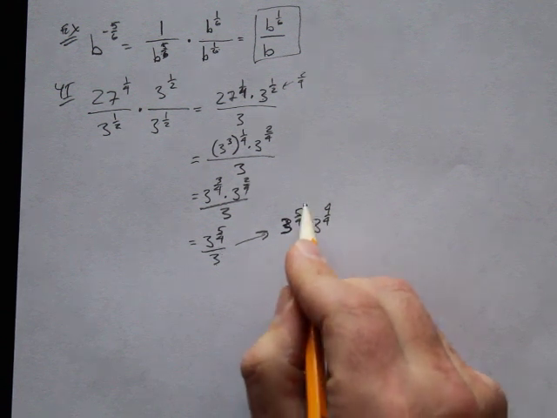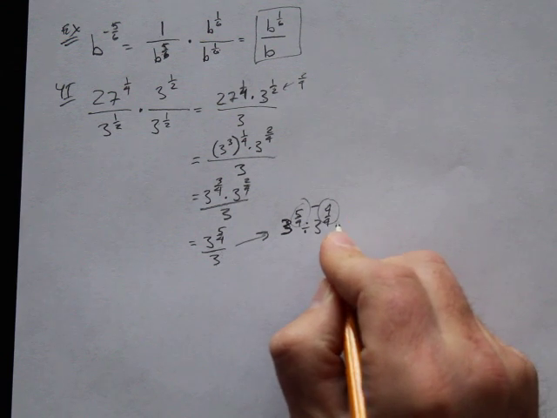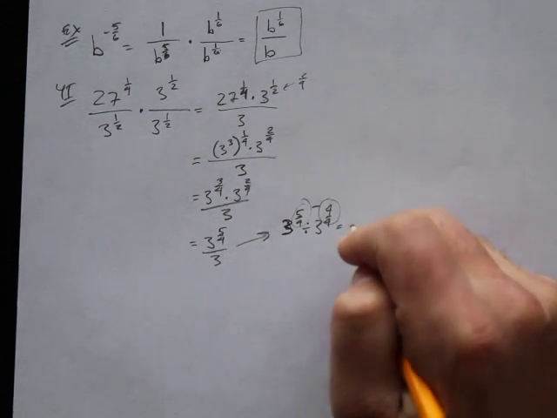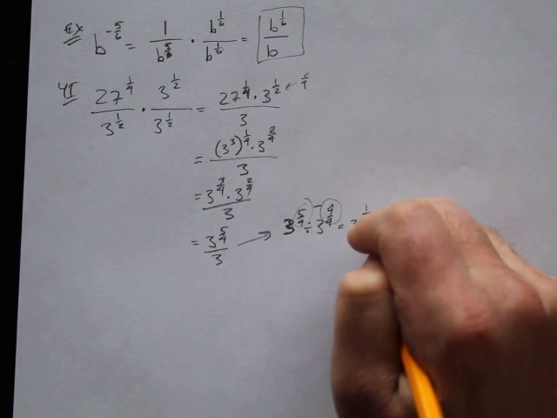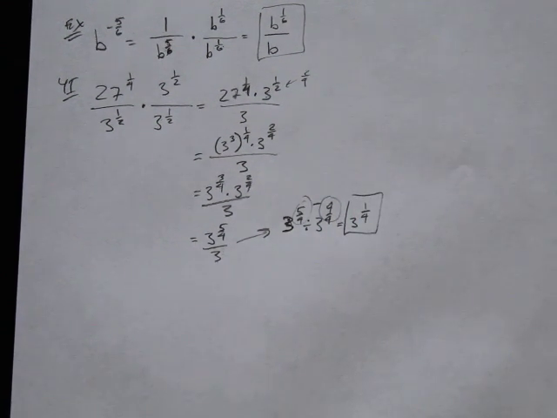So when I do that, I subtract the exponents, and I end up with 3 to the 1/4. And that is my answer, 3 to the 1/4 power.